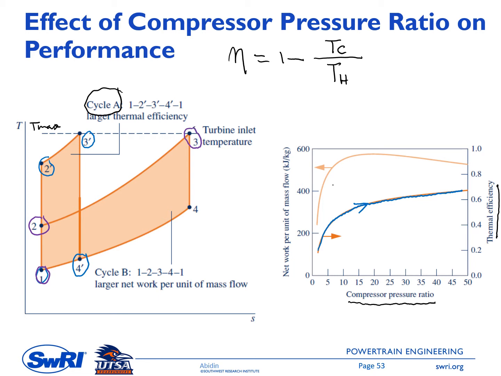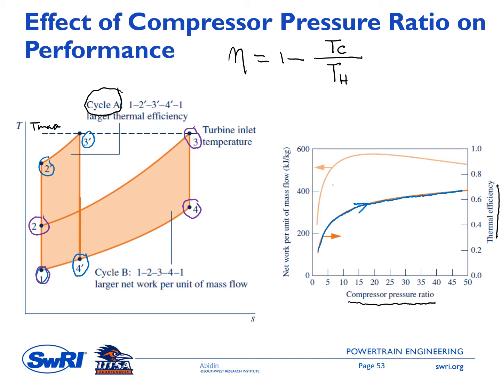So you can see here T3 equal to T3 prime, which is the maximum temperature, okay? And then point 4 here. If you compare the area surrounded by the process line, the second scenario has a larger area, which means it has a larger net work per unit of mass flow.